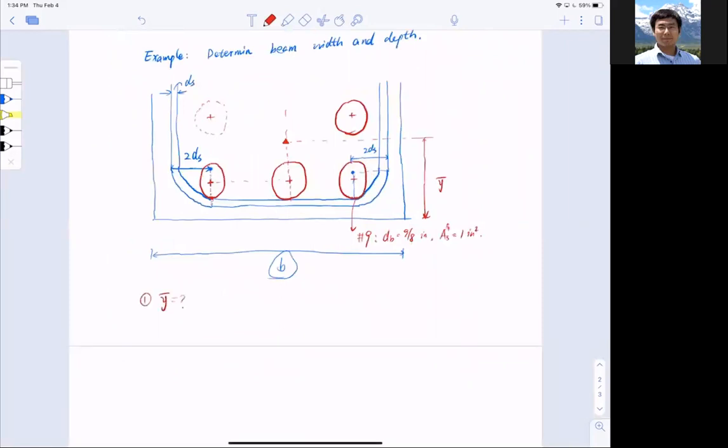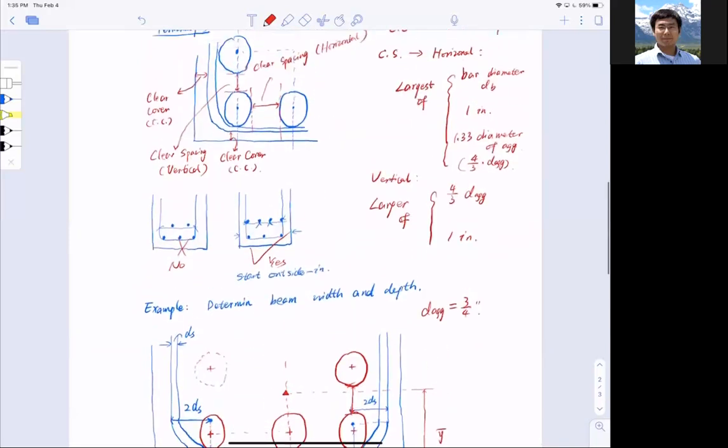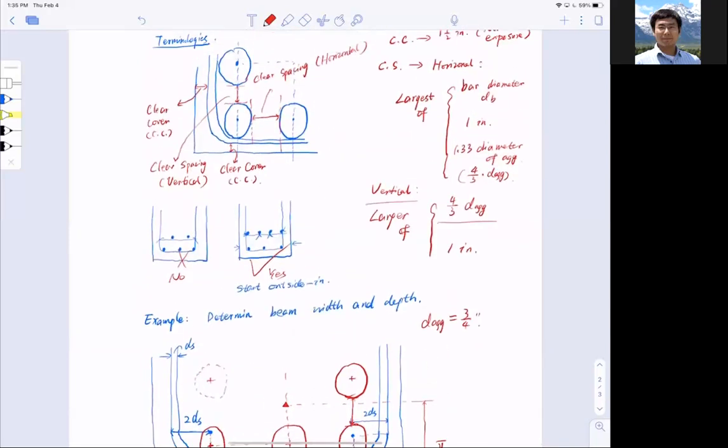I need to find the clear spacing between the vertical bars. Let's say I have an aggregate size of 3/4 of an inch. I'm looking for the vertical distance that is either larger than 1 inch or 4/3 multiplied by the aggregate size.